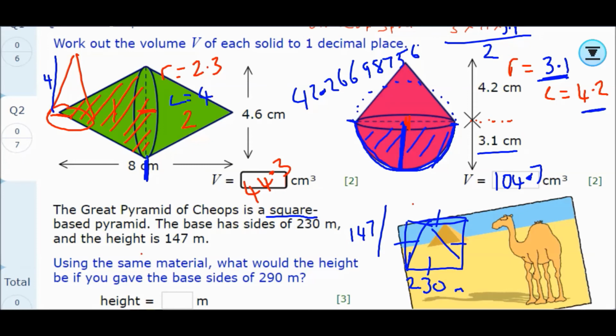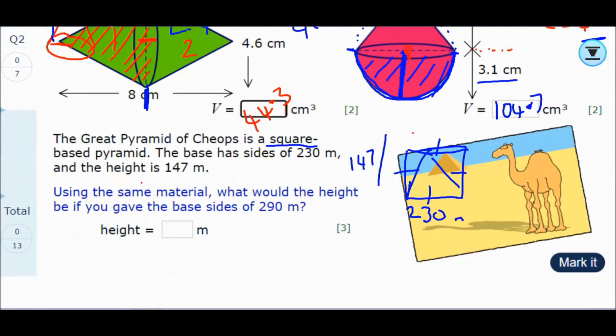So what do I need to do for a pyramid? Using the same material, what would the height be if you gave the base sides of 290 meters? So let's think about this in the whole nature of the question.